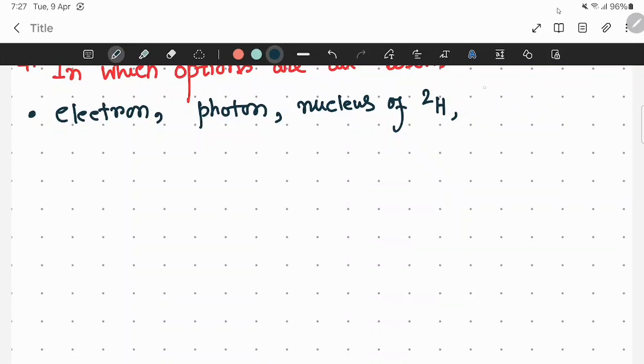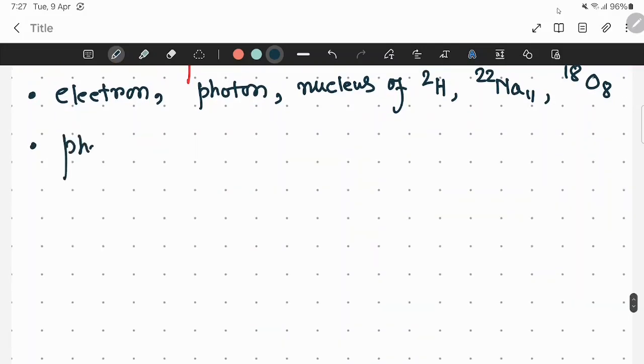I'm writing this. Nucleus, I'm not writing. This means the nucleus of sodium and nucleus of oxygen, photon, nucleus of H2, again nucleus of Fe, nucleus of O.